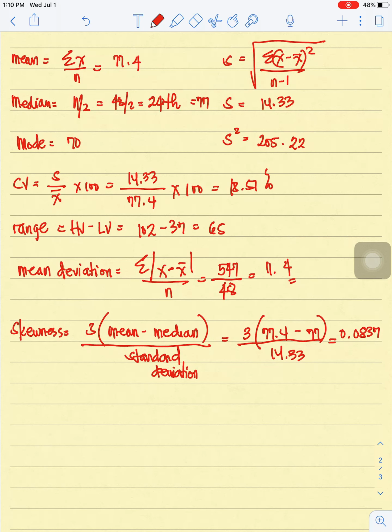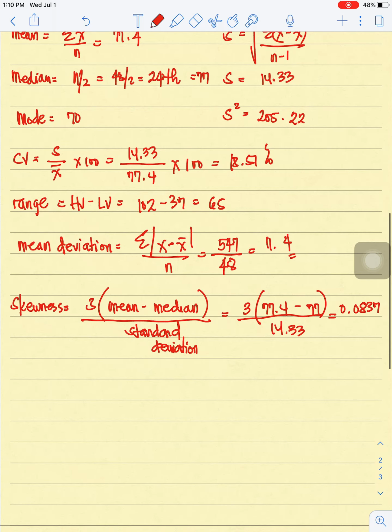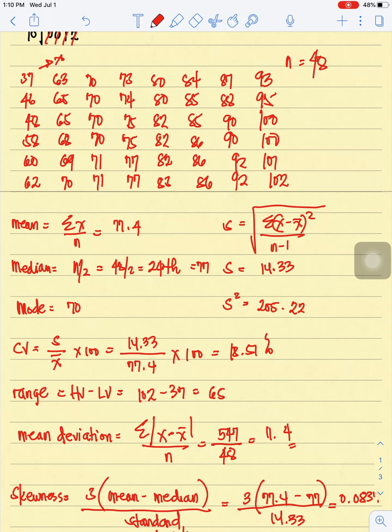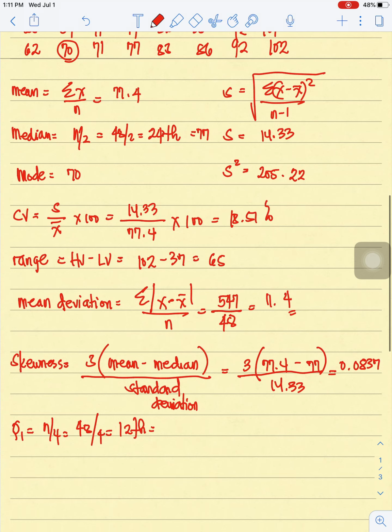Then next, let us compute for the quantiles. For the quantiles, we have Q1. Q1 is n over 4, and that is 48 divided by 4, that is equal to 12. What is our 12th place? We have there 1, 2, 3, 4, 5, 6. So this is our Q1, 70.